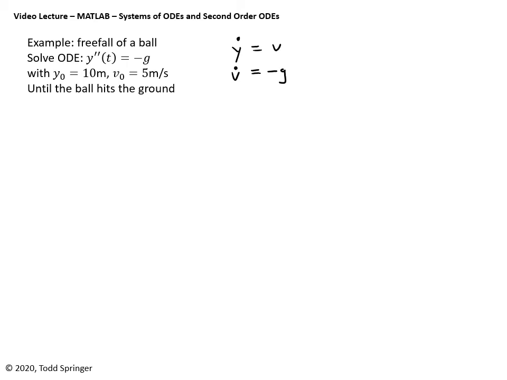So I'm going to define the vector u to be y and v. The first entry of u is y, and the second entry of u is v.